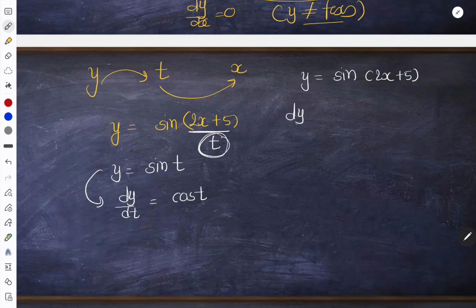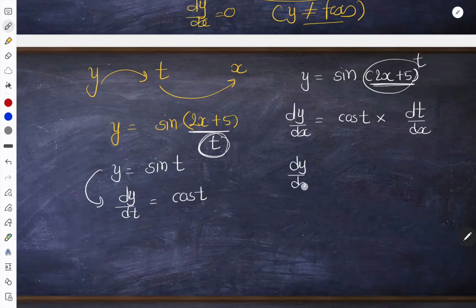So to find dy by dx, first assume this is your t. Then dy by dx is cos t into dt by dx, which is d by dx of 2x plus 5.